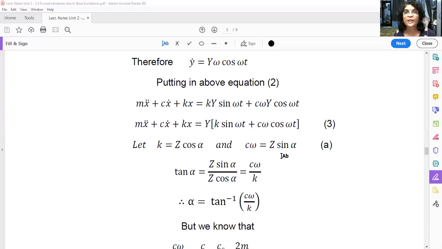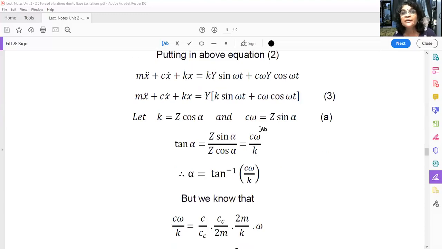Understood? Now we have to define tan alpha, so divide this equation by this equation. Z sine alpha upon Z cos alpha is equal to c omega upon k. Sine alpha upon cos alpha is tan alpha, Z will be cancelled. So alpha is equal to tan inverse of c omega upon k.